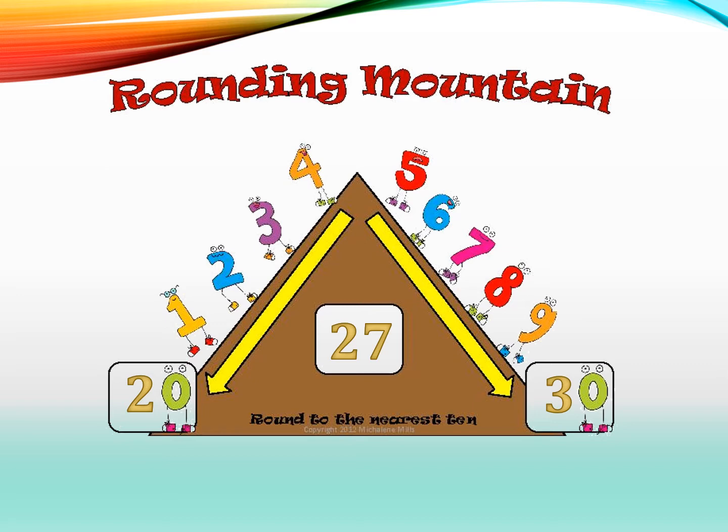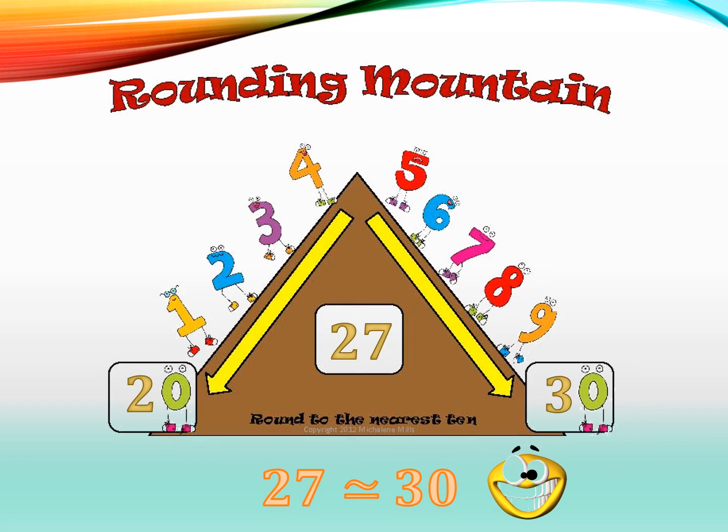But 25, 26, 27, 28 are nearest to 30. So when I make an approximation for 27, it will be 30. This sign, like a dash and a wave, is called the approximation sign.